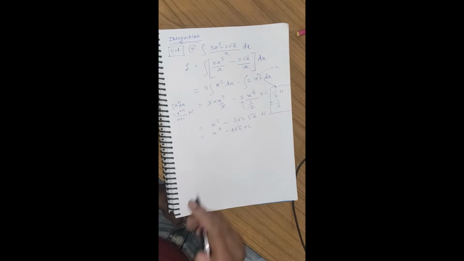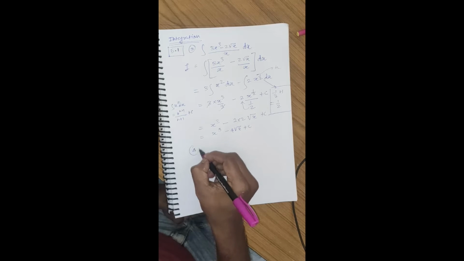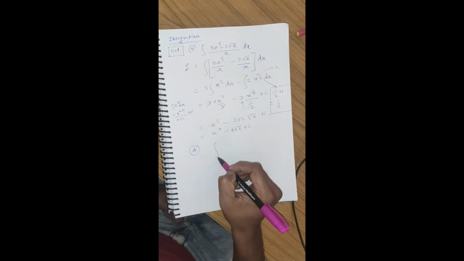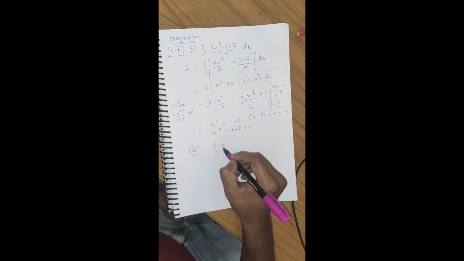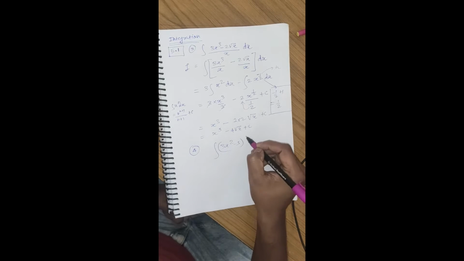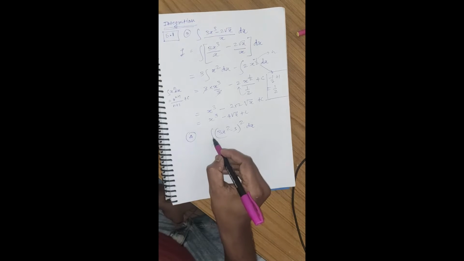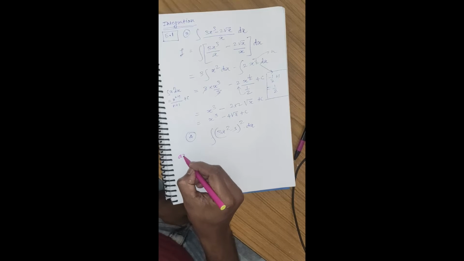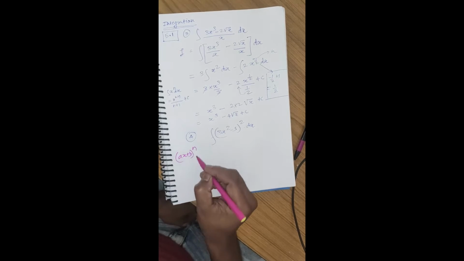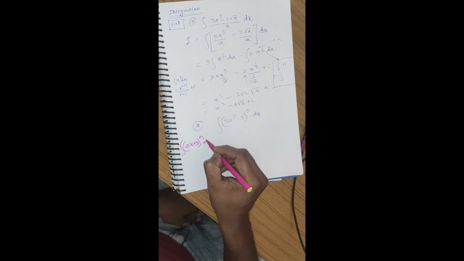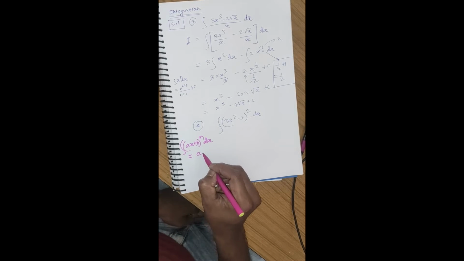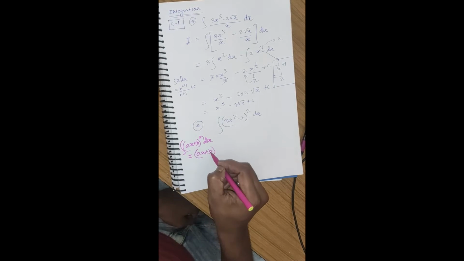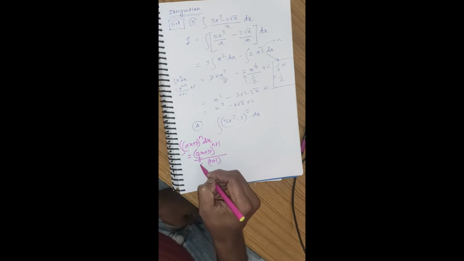Please check the answer. The fourth one is the integration of 3x square minus 5 whole square dx. See, one thing should be explained here: ax plus b raised to n is equal to ax plus b raised to n plus 1 divided by n plus 1 into the coefficient, which is a.